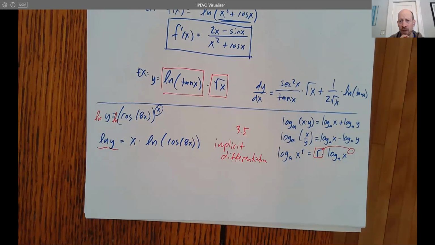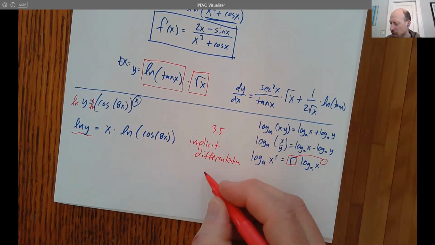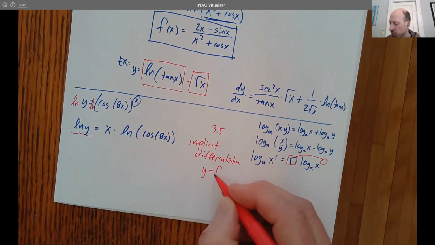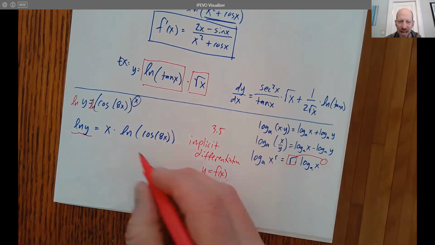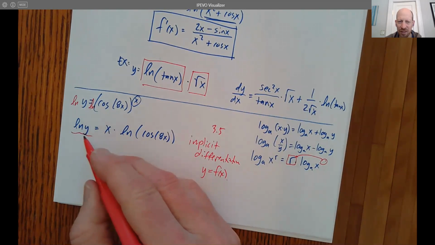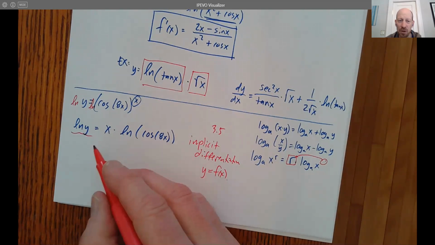Implicit differentiation is when we take the derivative of something that is not exactly written as a function of x. So what we're implying here is that y equals some function of x, but it's not written clearly what y is, or explicitly what y is. It's sort of implied.